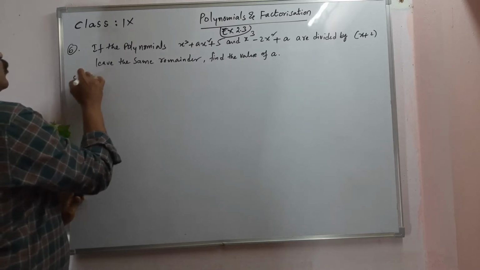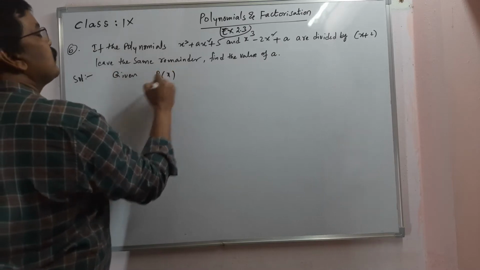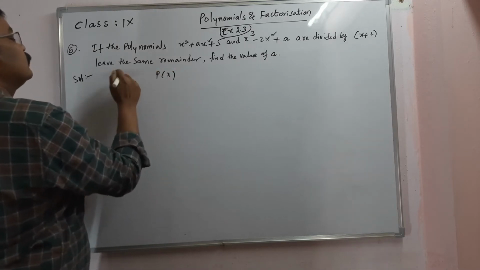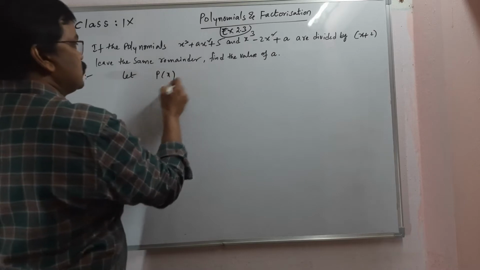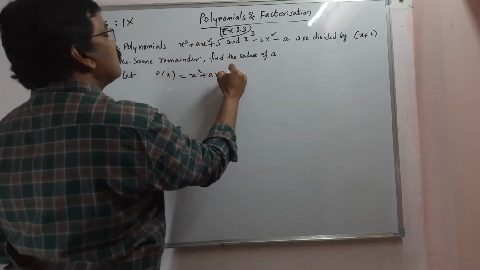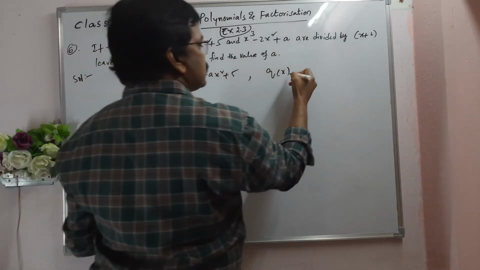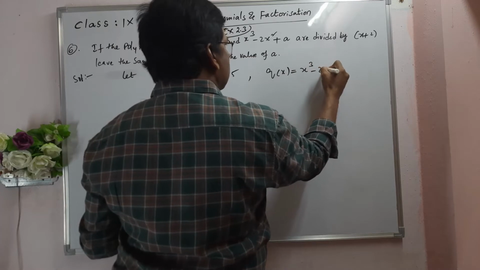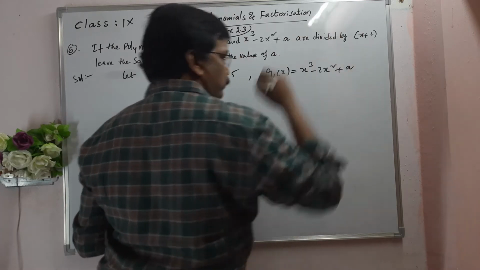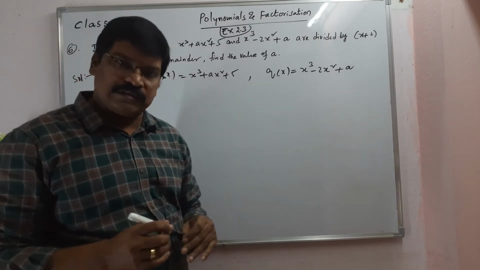See here, what are the polynomials given here? Let p of x be equal to x cube plus ax square plus 5, and q of x be equal to x cube minus 2x square plus a. One is p of x, the other one is q of x.